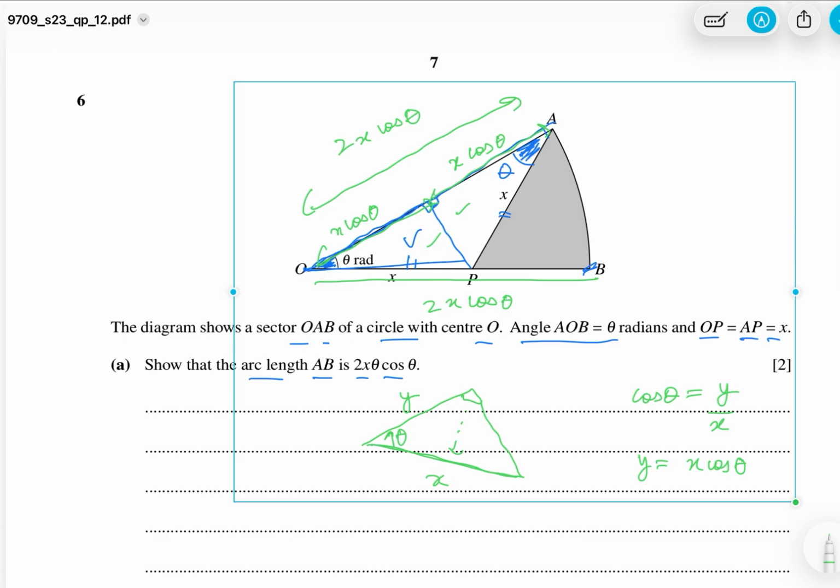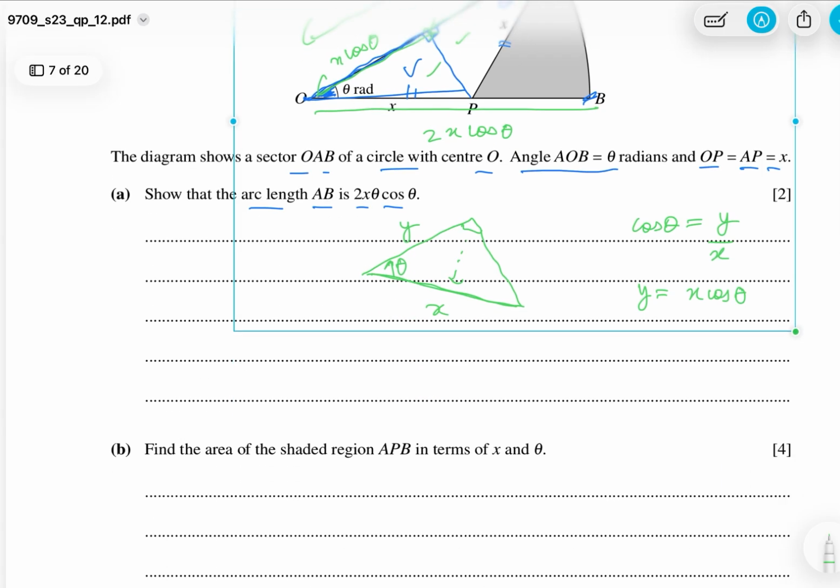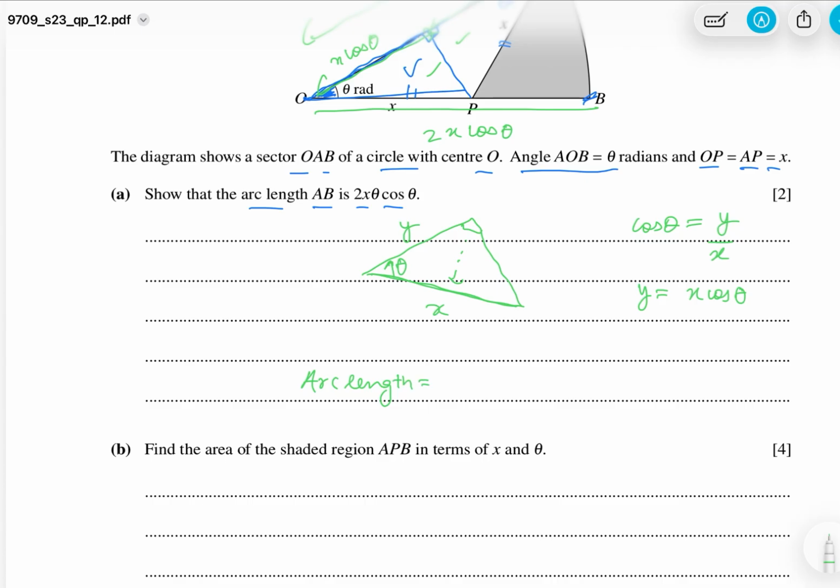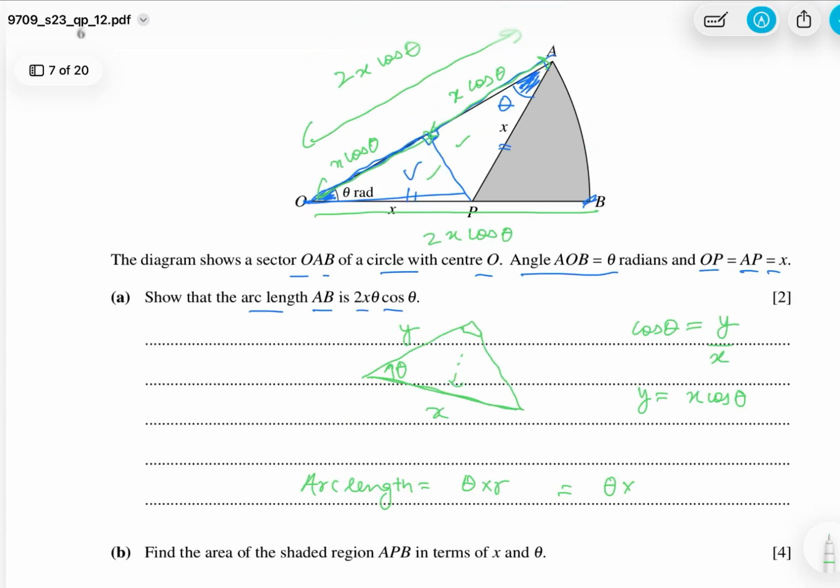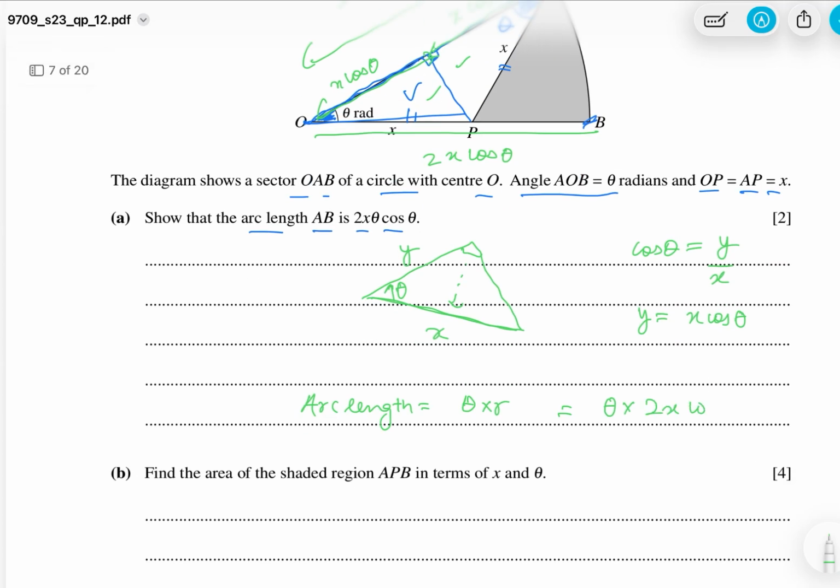Now to find the arc length, listen, arc length is theta times radius. That is theta times 2x cos theta. That is again arc length equals 2x theta cos theta.